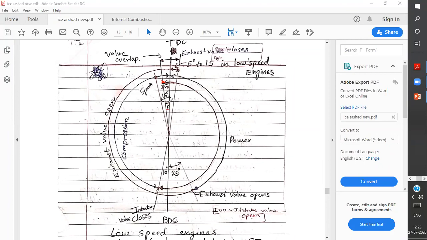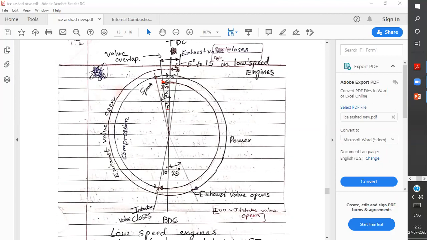So in the exhaust stroke of the previous cycle, which is not completed, the piston has not reached the top dead center and the exhaust gases have not been fully expelled, we are still opening the inlet valve, 10 degrees in terms of crankshaft rotation before the piston reaches the top dead center.